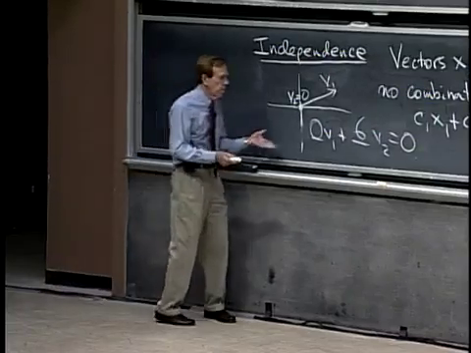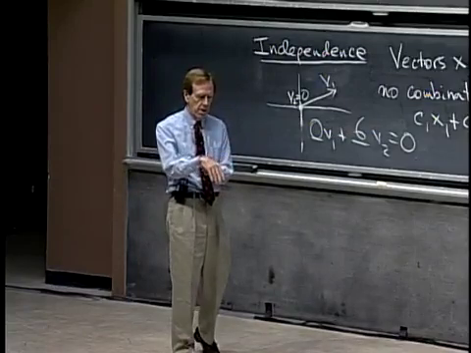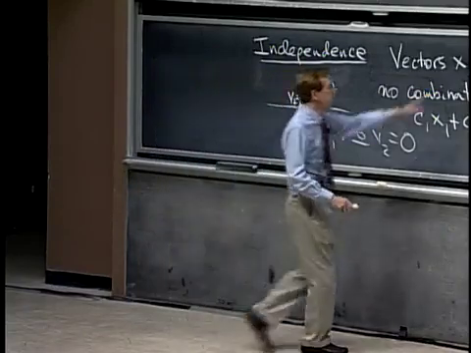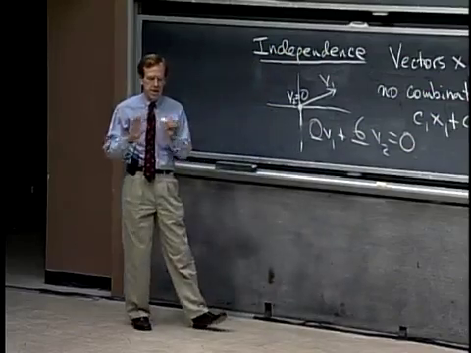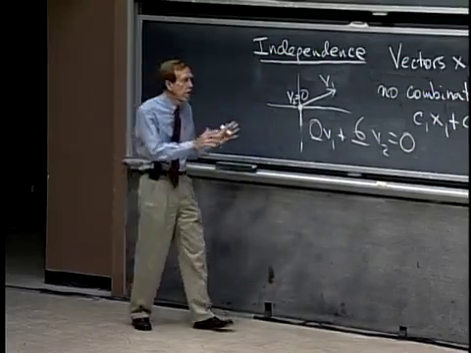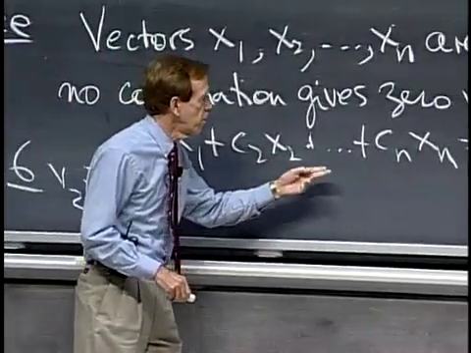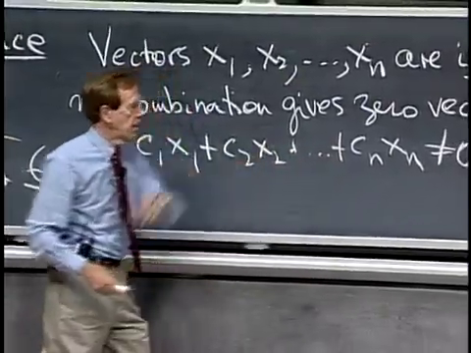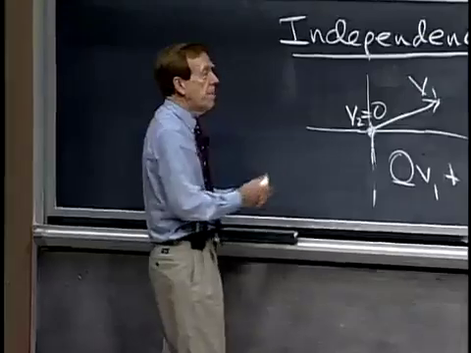And in other words, the point is, if one of these vectors is the 0 vector, independence is dead, right? If one of those vectors is the 0 vector, then I could always include that one and none of the others, and I would get the 0 answer, and I would show dependence.